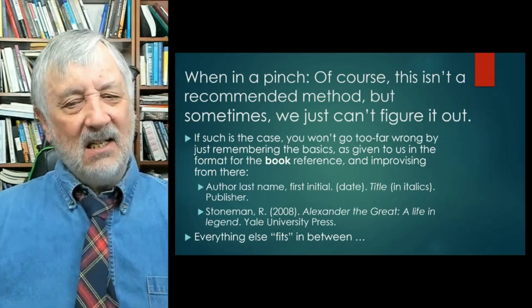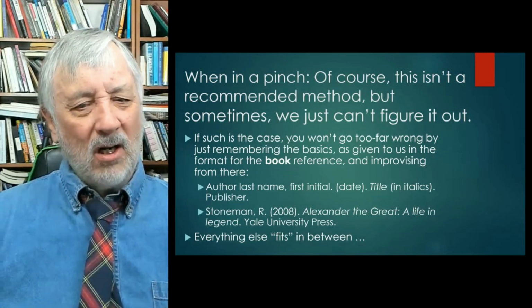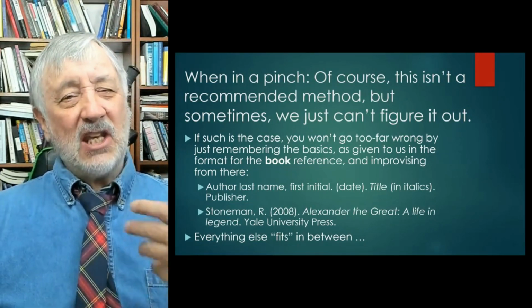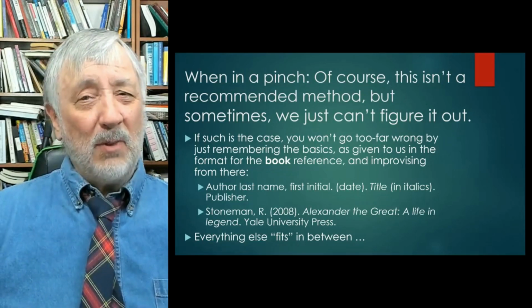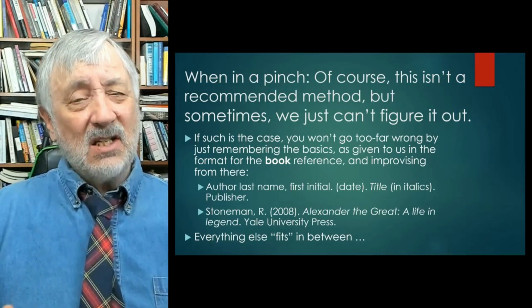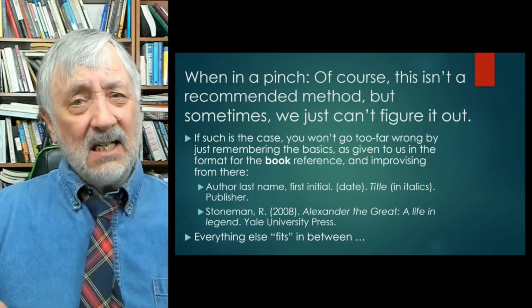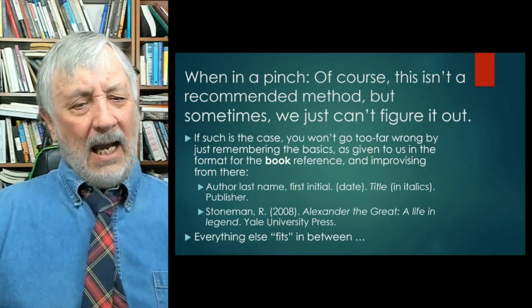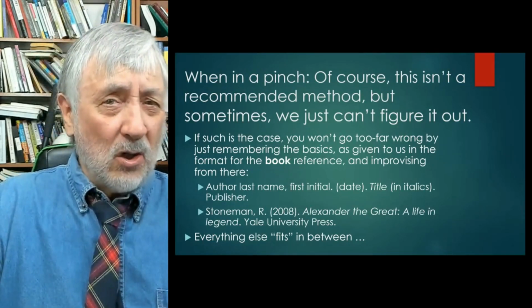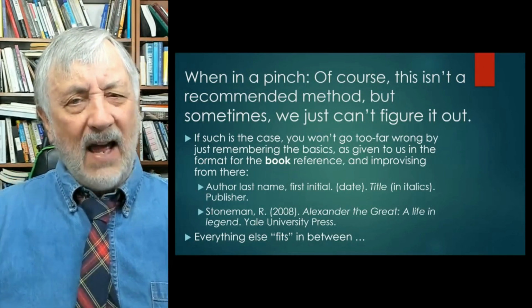The date, the title of the work, and where you found it, whether it's the publication source. In this case, the Yale University Press, or it could be Journal of American Studies if it's a journal. So those basics, name, date, title, and source, or location, the location where it was found.